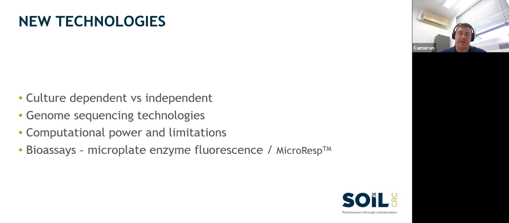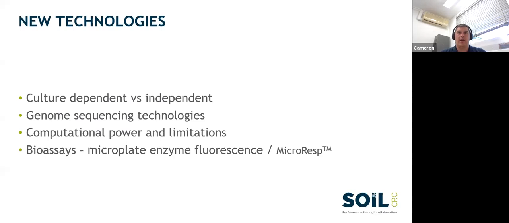This genome sequencing technology is forever improving and becoming more accurate. The computational power to match that, to do the calculations of what's there and what's not, and to say with certainty whether there's any overlap in the genetic material, is lacking.